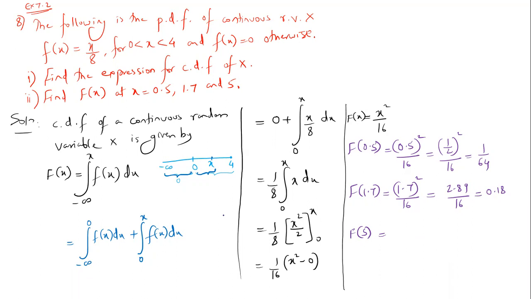We have been given the function is defined only from 0 to 4, as you can see over here. So I can say over here, since x lies between 0 and 4, and I have been given x equal to 5, x equal to 5 is definitely a value which is greater than 4.